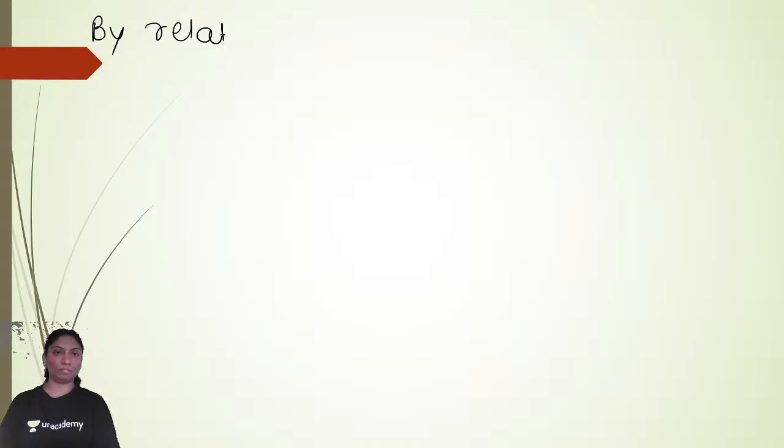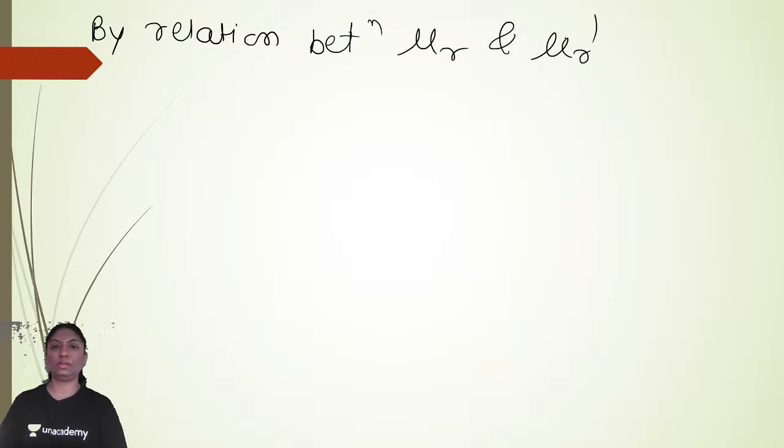Now by the relation between mu r and mu r dash, we get mu1 is equal to 0.